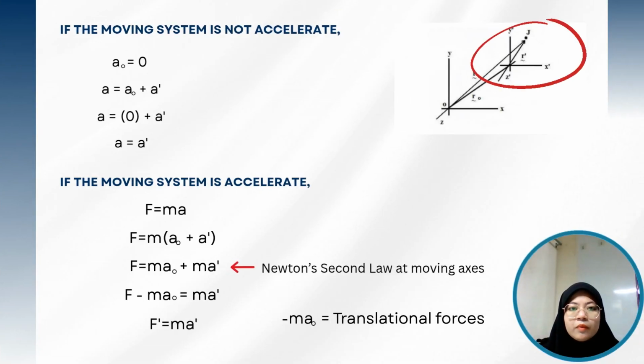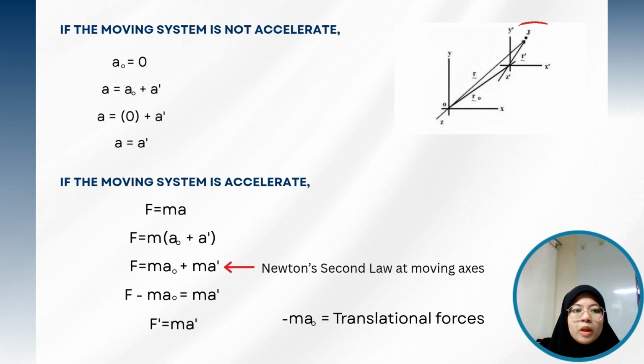Okay, next, based on the figure, we have two situations. The first one, if the moving system is not accelerating, which means a naught is equal to 0, we just use the formula a equal to a naught plus a prime, and we substitute a naught equal to 0, and we get a equal to a prime.